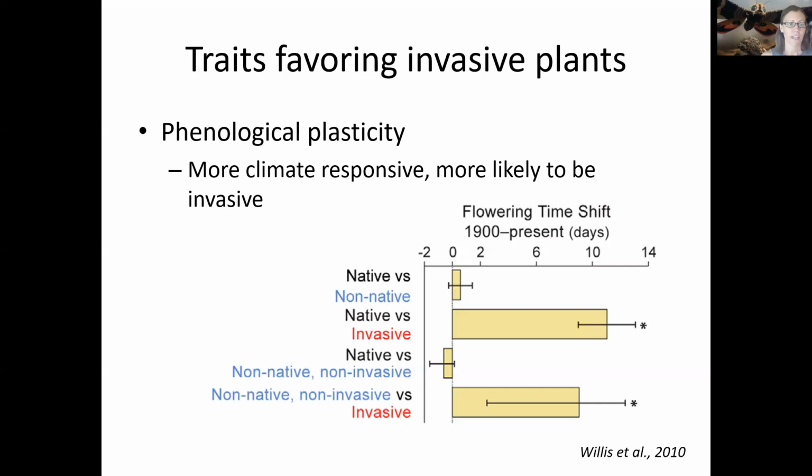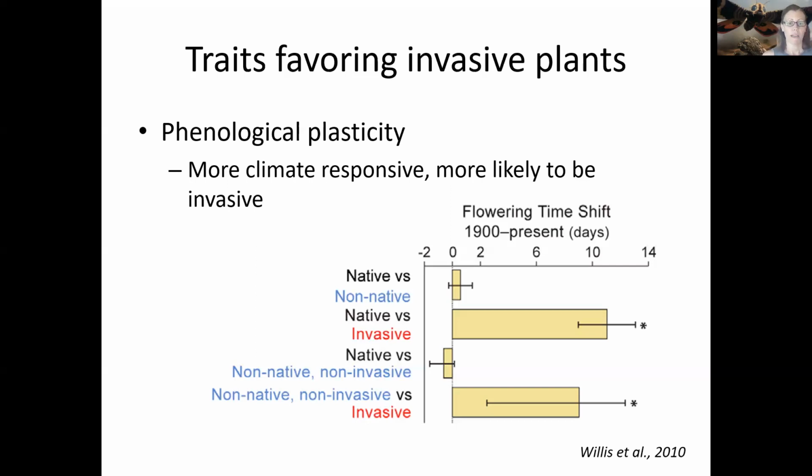And phenological plasticity refers to essentially flexibility in when that thing happens. So if you are phenologically plastic, then you are going to be more responsive to these changes in climate conditions, and that particular trait is associated with invasiveness.